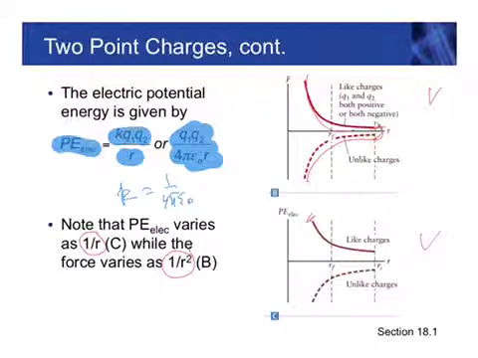If two charged particles are close to each other and have the same sign, that's where you're going to find the largest electric potential energy. If they are really far away, it's going to be a very small value. And for unlike charges, we just have a negative value for potential energy.